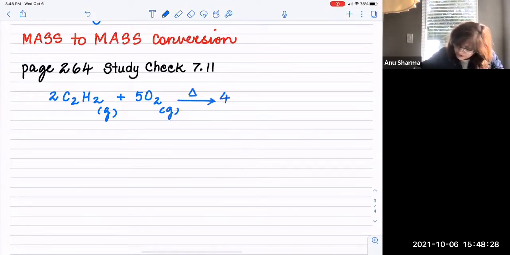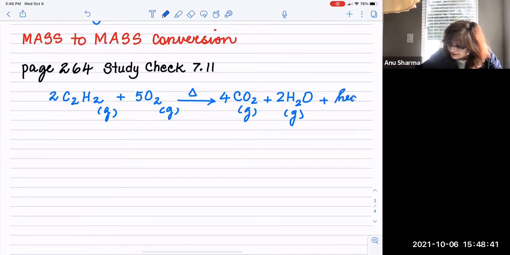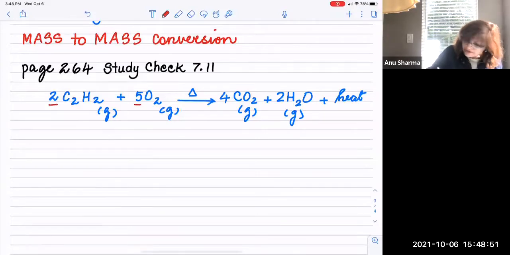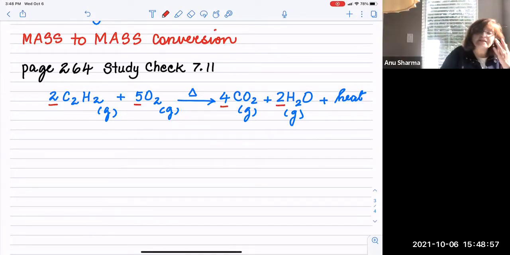It gives you 4 moles of carbon dioxide as a gas, plus 2 moles of H2O as a gas, and of course a massive amount of heat is also produced here, but we are going to look at the heat reactions later. But right now, this is the given equation. Either it's already balanced for you, but you can also check the balancing in case there is a typo, or sometimes things don't get printed properly.